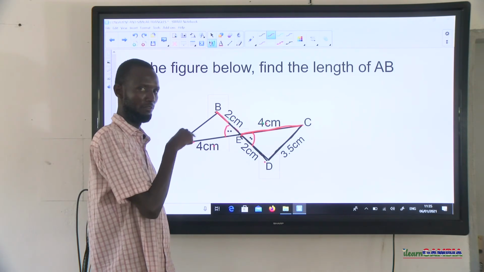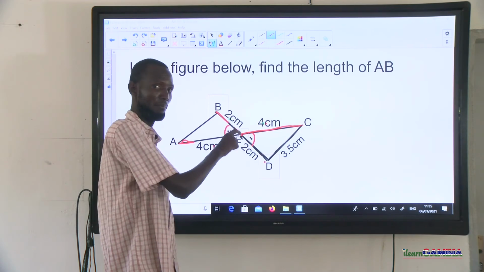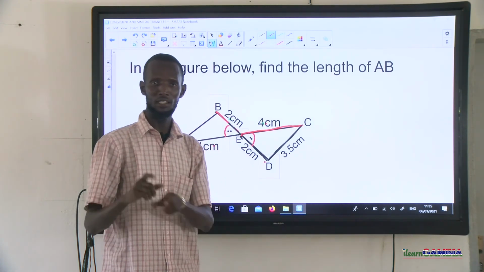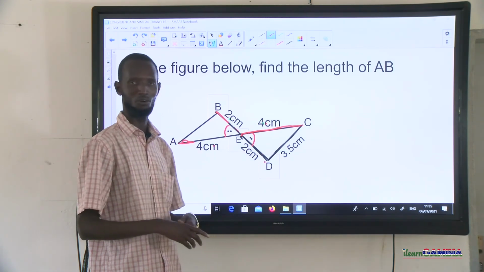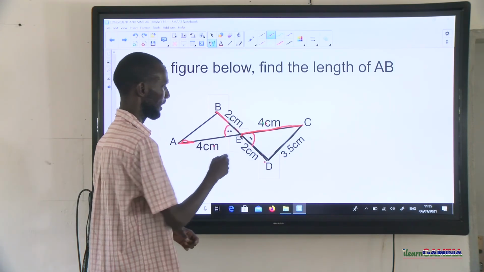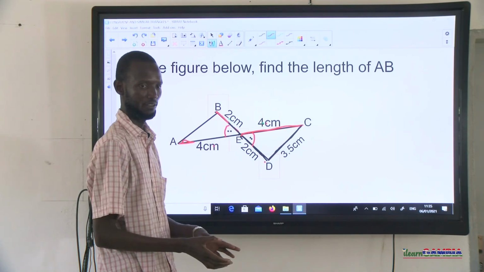And if we recall one of our properties, if you have two sides and the angle between them in one triangle being equal to the two sides and the angle between them in the second triangle, we can conclude that those two triangles are congruent. So definitely, the triangle ABE and the triangle ECD are congruent, right?